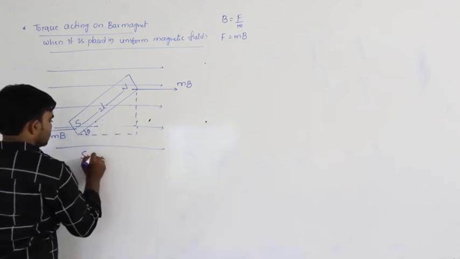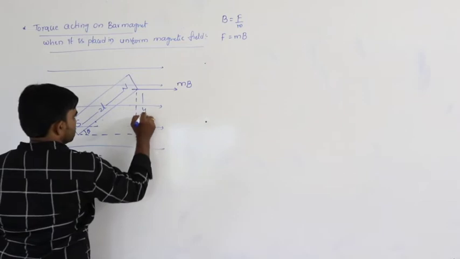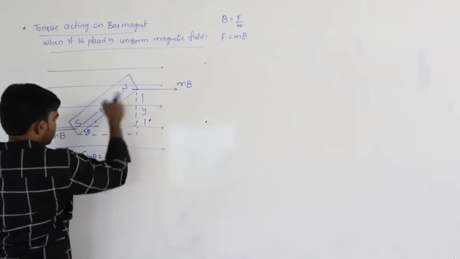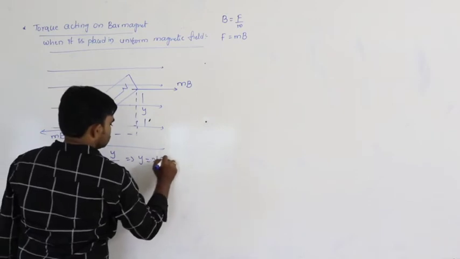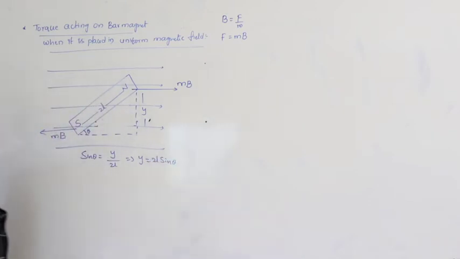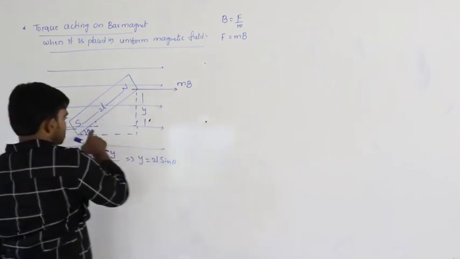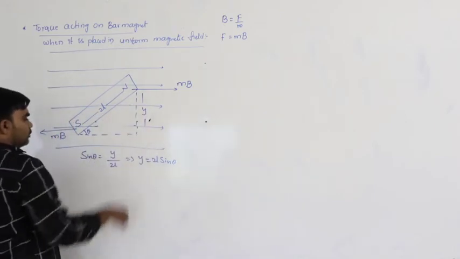Sin theta can be written as opposite side by hypotenuse 2L. So that means y is equal to 2L sin theta. This is the perpendicular distance.